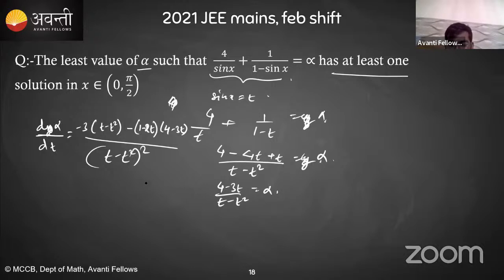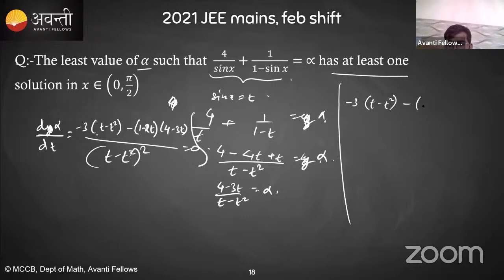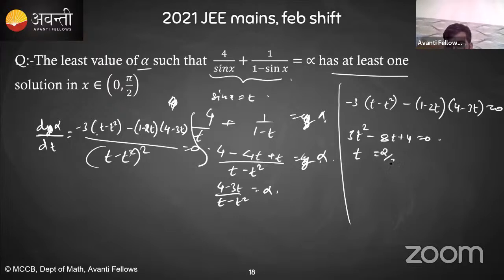So when we solve this for equal to 0, the numerator should be 0, right? So after you solve this equation, you will get something like 3t square minus 8t plus 4 equals 0. So the value of t will come out to be 2 by 3, right?